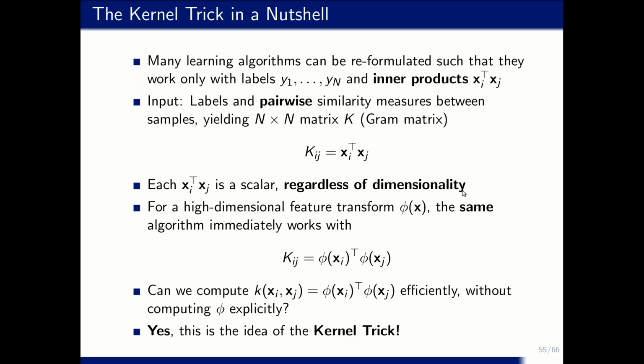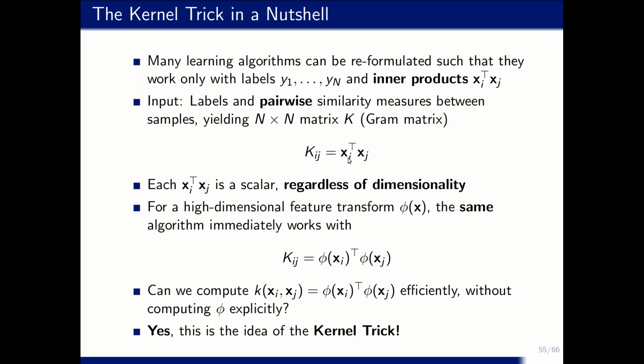And now it's clear, if we had a high-dimensional feature transform phi, like these 75 million different polynomials, then exactly the same algorithm would also work if we provide the same Gram matrix. This K is often called the Gram matrix.